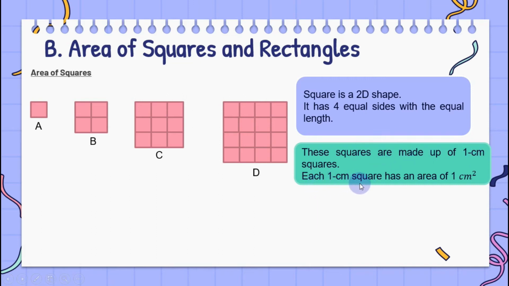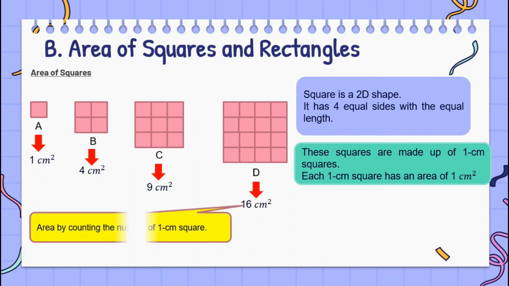Each 1 square centimeter has an area of 1 square centimeter. A, 1 square centimeter. B, 4 square centimeter. C, 9 square centimeter. And the D, 16 square centimeter.